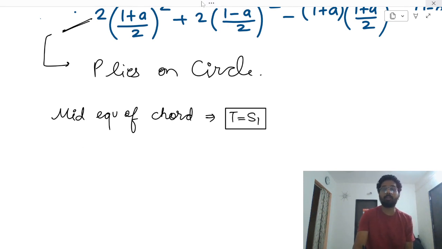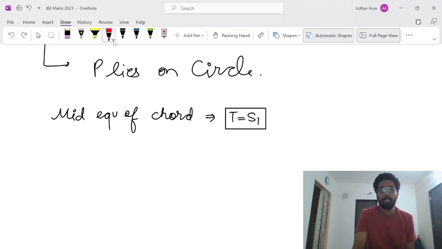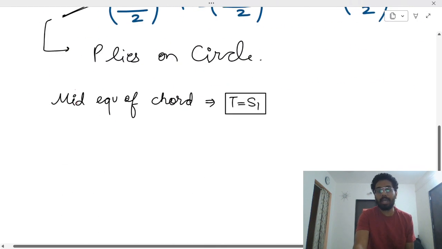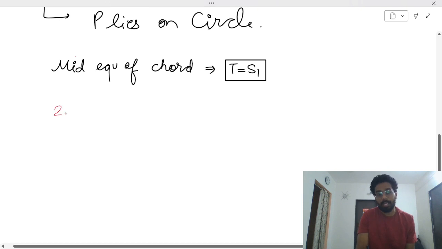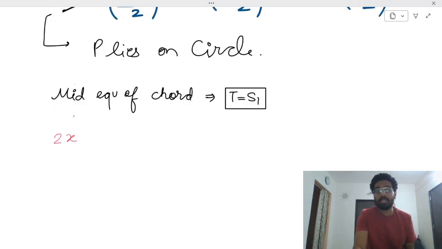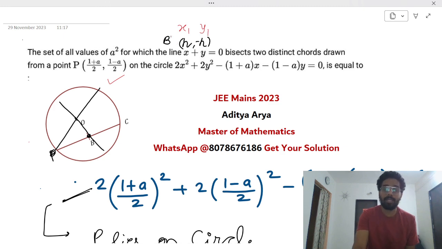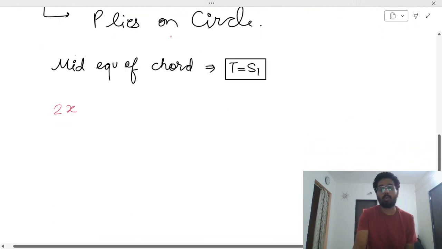Now what you have to do is put in the values. The equation of the circle is 2x square, so 2x x1. What is x1? This is x1, this is y1. x1 is h, y1 is minus h. So 2x square means 2x x1.